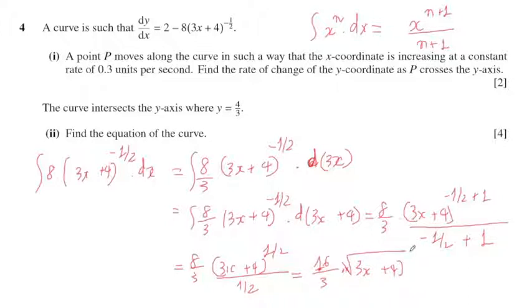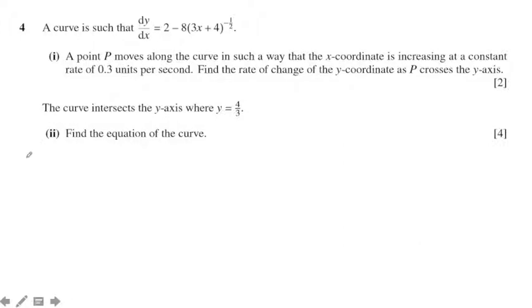And after all this, I will have y equal to 2x minus 16 divided by 3 times the square root of 3x plus 4, plus c.